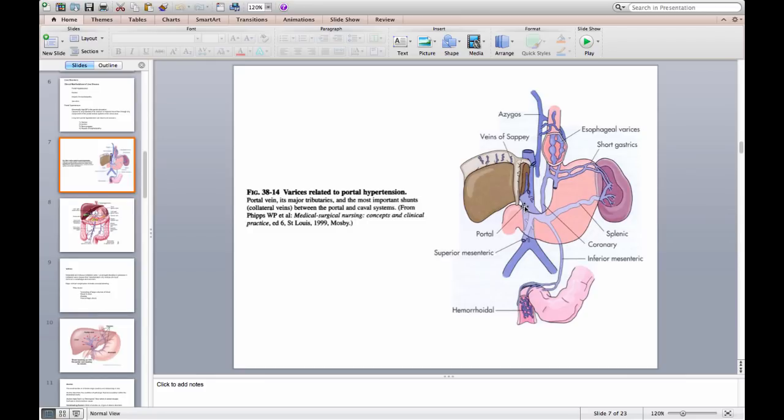Now, with the portal hypertension, what that's going to do is decrease or impede the flow of blood away from those structures, right? Away from the GI tract, away from the spleen. And it's going to enhance blood flow through vessels that bypass the liver. So the splenomegaly is happening because you have blood coming into the spleen and then a reduced rate of blood leaving the spleen. Yes. Thank you for that question.